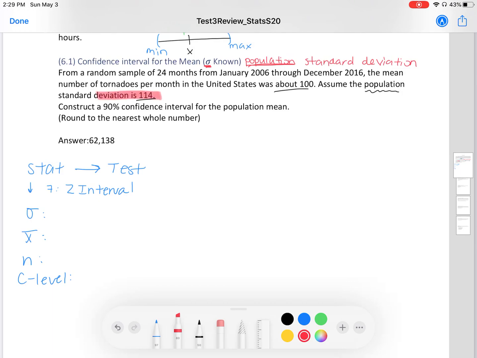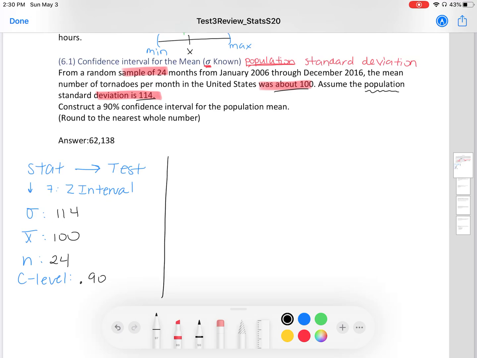And we said there was a mean of 100 tornadoes, that's our x bar. And lastly, we have a sample of 24 months. So let's fill that out. We have a sigma of 114, x bar of 100, n is 24, confidence level of 90.